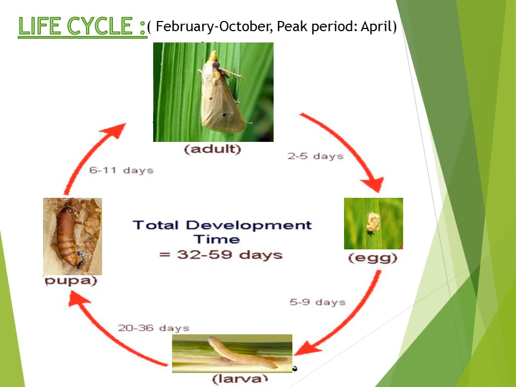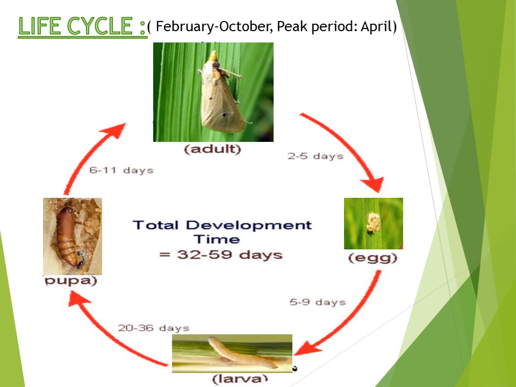The larva feeds on the internal tissues of the stem and undergoes 5 to 6 molts, and the larval period, as I already mentioned, is around 16 to 27 days.